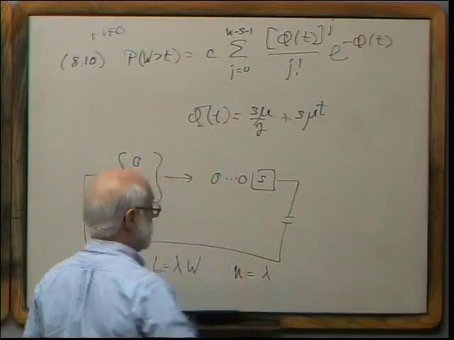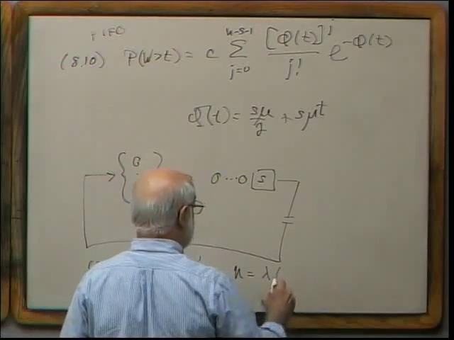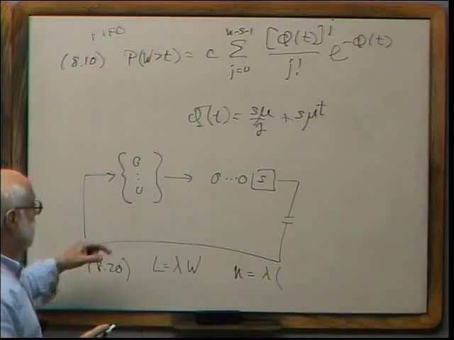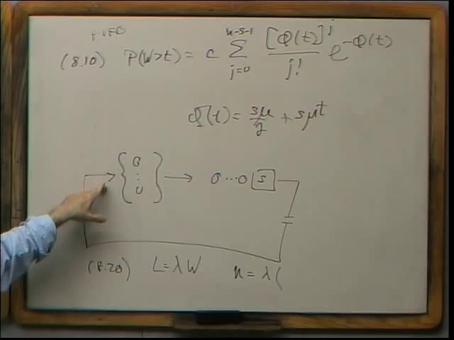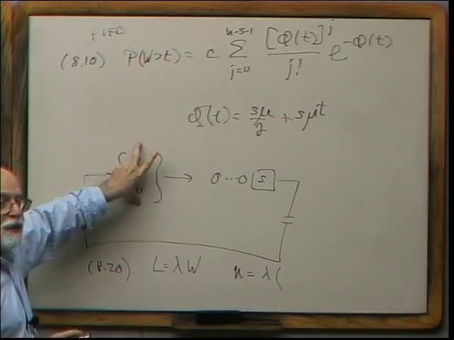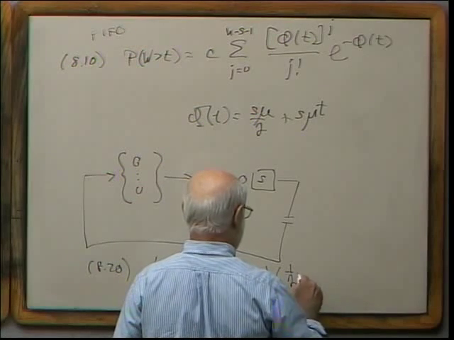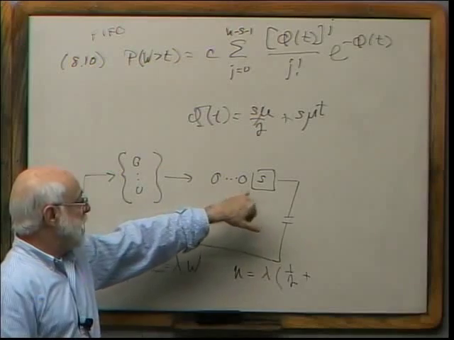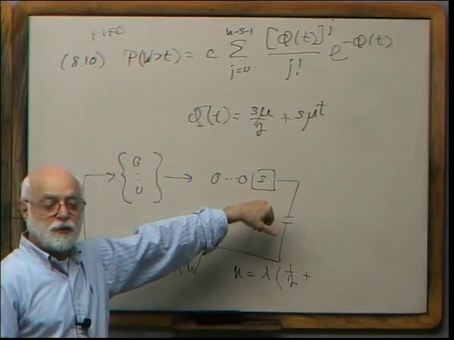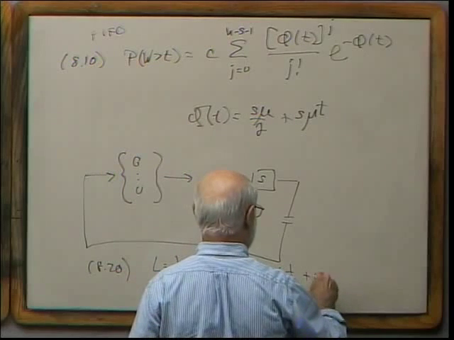Well, how long is that? First of all, there's the length of time that they spend traveling from there to there, which is 0. They do that instantaneously. Then there's the length of time they spend in the think state. That's 1 over gamma. And then there's the length of time that they spend waiting or in the queue. That's called the sojourn time, and is often written E of t, t for sojourn time.